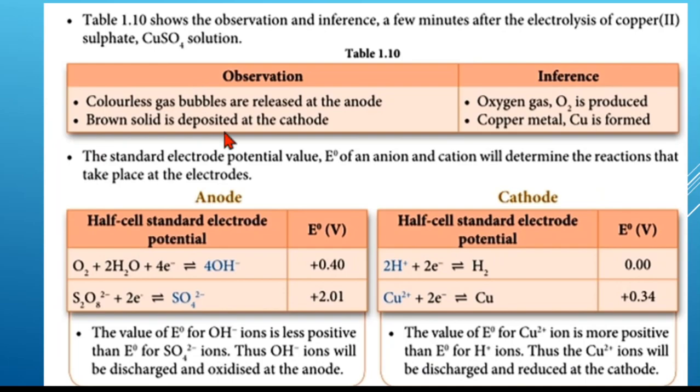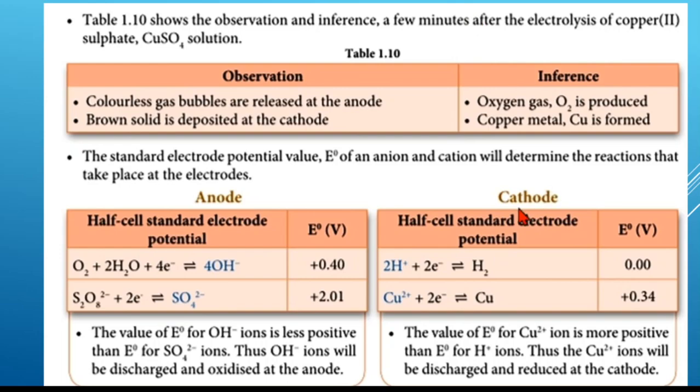Mana yang more negative atau less positive? Ini kah ini? Ini kan? So, kita pilih ini. The OH- yang kita pilih untuk di-discharge. Sebab dia punya value adalah lebih negatif ataupun kurang positif lah. Okay? The value of OH minus hydroxide ion is less positive compared to the sulfate ion. Thus, the hydroxide ion will be discharged and oxidized at the anode. Itu yang kita pilih. Okay?